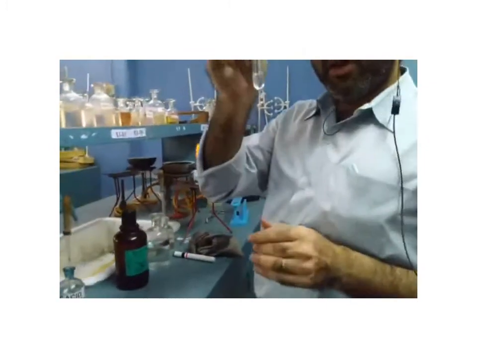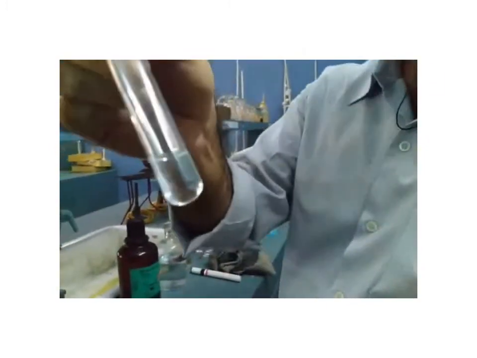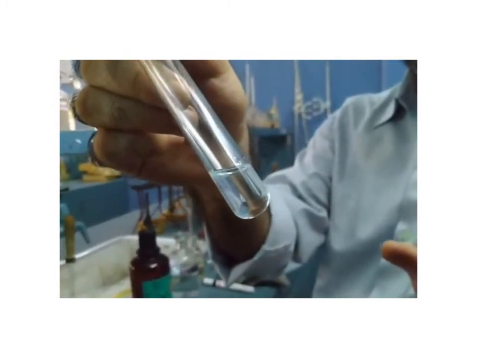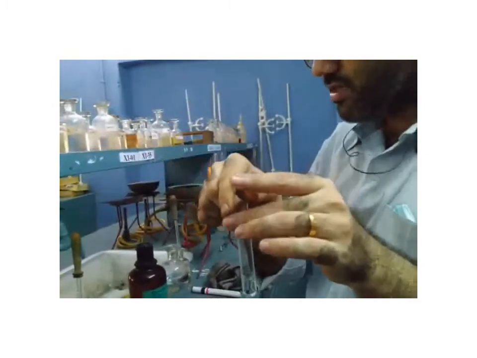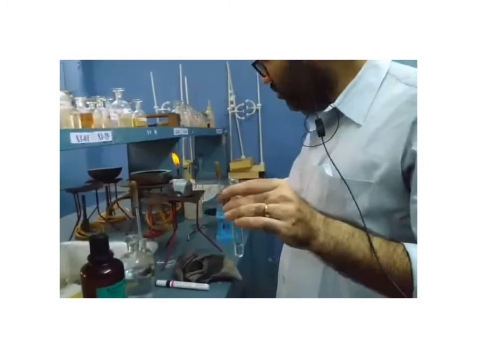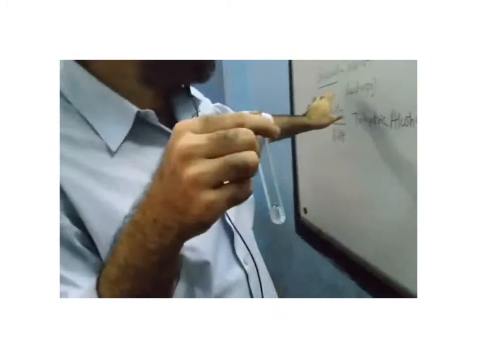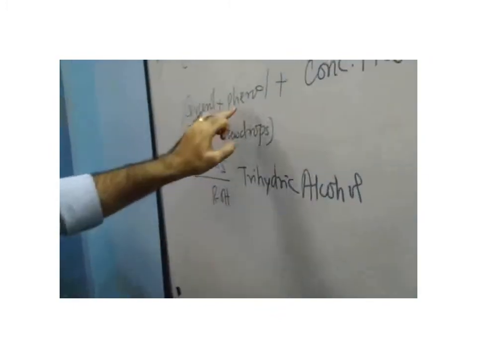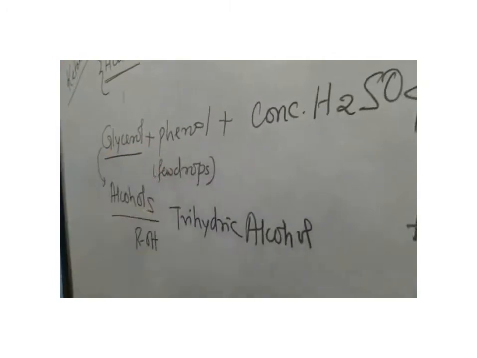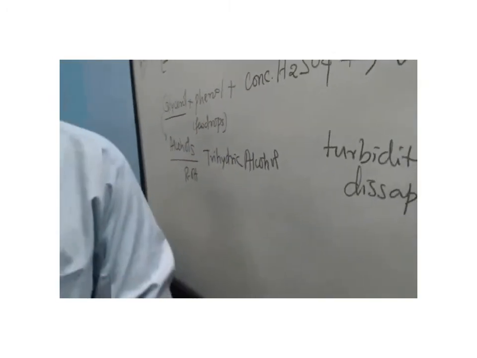We have taken glycerol over here, and as you can see, it is once again a transparent solution. Within this glycerol, I'm going to add phenol, a few drops of phenol. Let's add a few drops of phenol and check what happens.